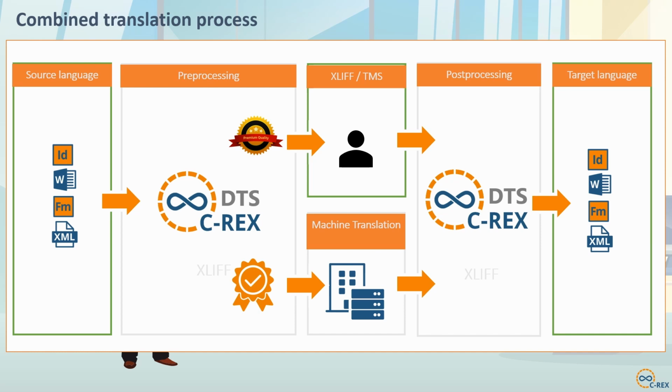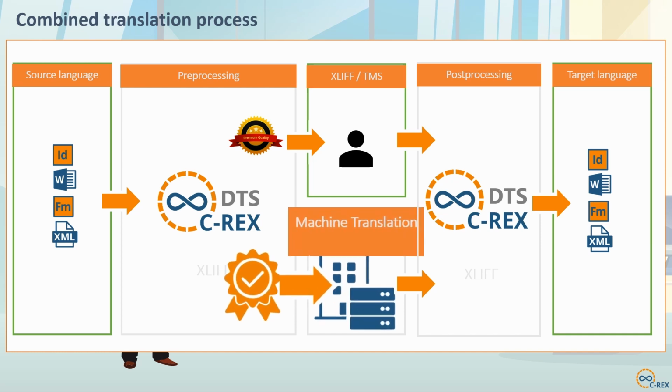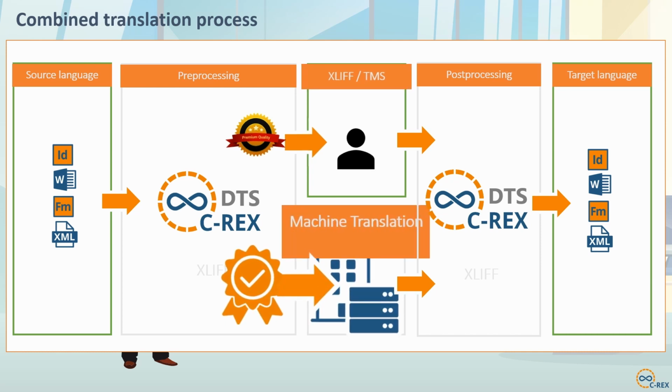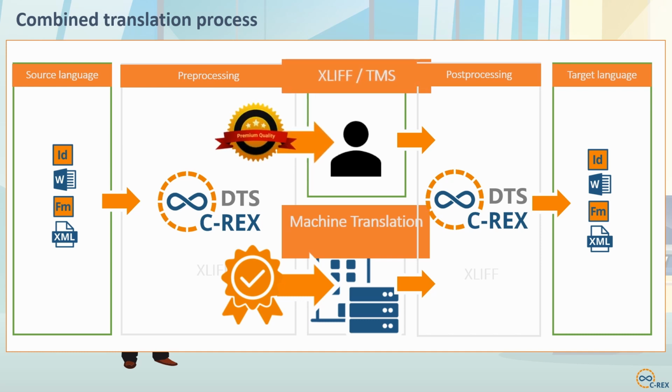For the most part, the automated process achieves fast results and can publish information in all required languages at short notice. In parallel, for the part of information that requires higher quality, the conventional TMS process with human translation runs.